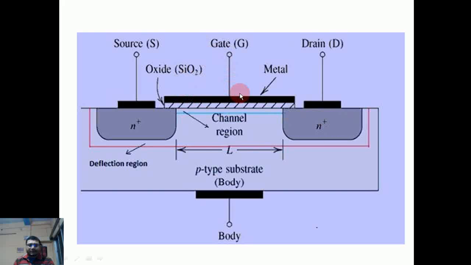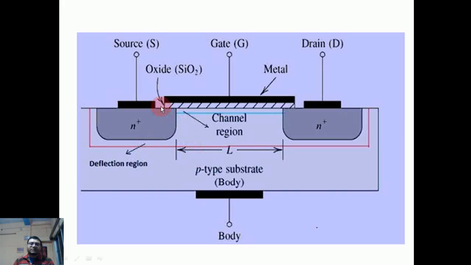and each of these terminals, gate, source, and drain, has a metal contact. The black color is the metal. In the case of the gate terminal, the metal contact is there, but under the gate metal contact there is a layer of silicon dioxide, which is a kind of insulator and which prevents the current flow from gate to body.